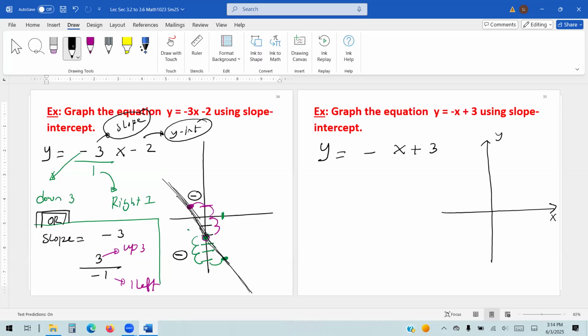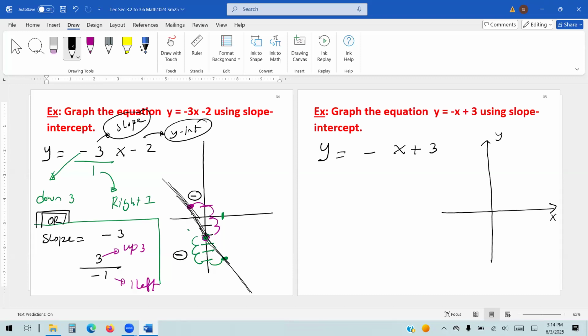On the axis, y is positive here, right? So it will be up from the 0. And negative y is here. So from 0, negative is down. So this is the y. If it is negative, we are going down. If it's positive, we are going up. And this is the x. This is the negative x, right?